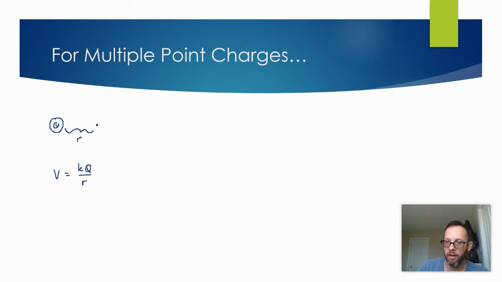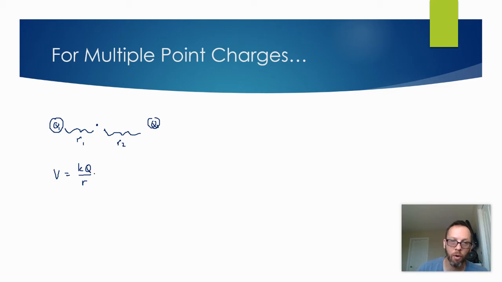Because we've seen a lot of scenarios where you might have an electric dipole or just a lot of charges in the field. So what would happen if I threw in a second charge here, say that was Q1 and that was Q2, at different distances, R1 and R2? So how do you find electric potential energy and electric potential for multiple point charges?